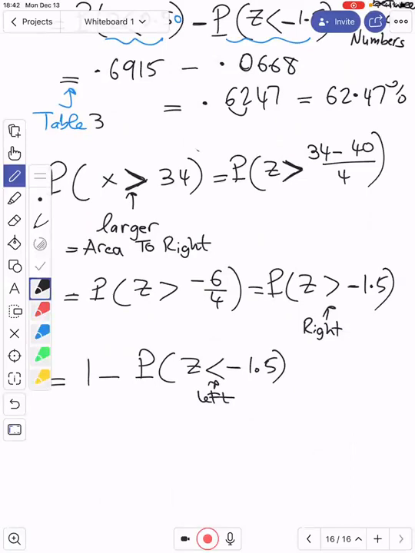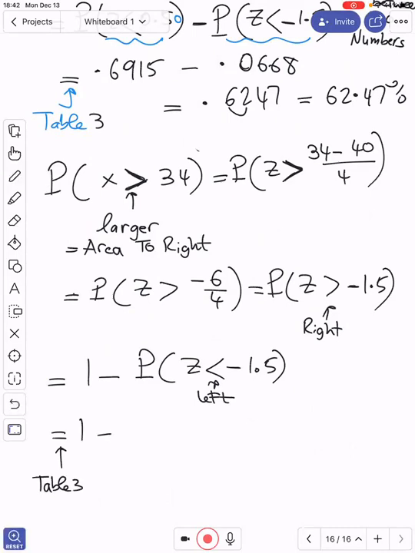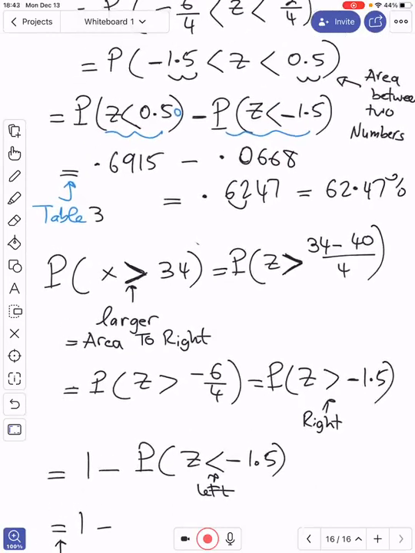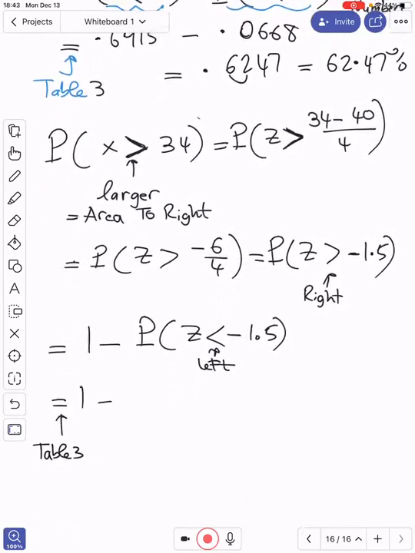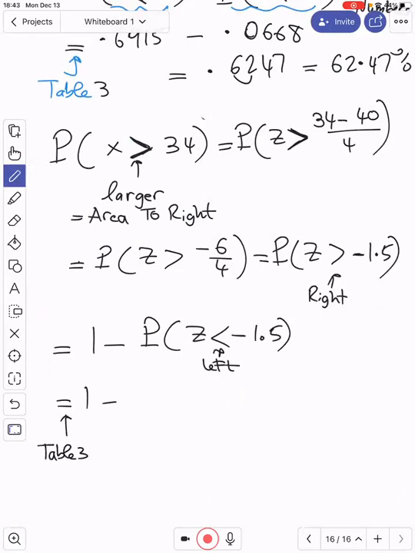So that's 1 minus, for negative 1.5, we said it's 0.0668. So it's 1 minus 0.0668, and the answer is 0.9332, two digits. So that's 93.32%.